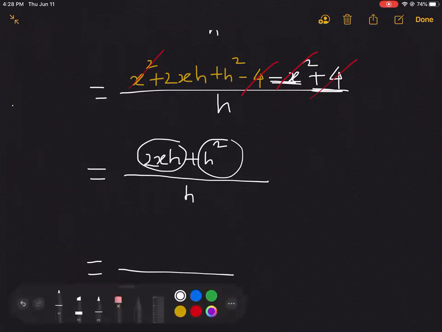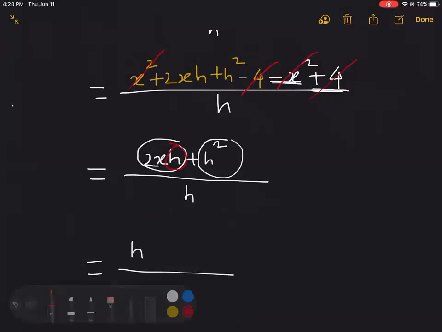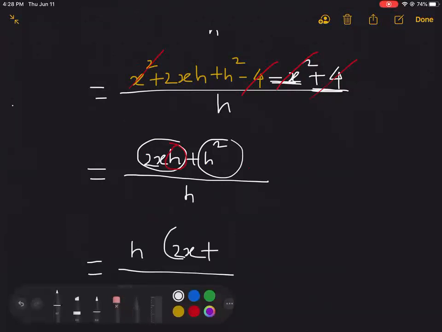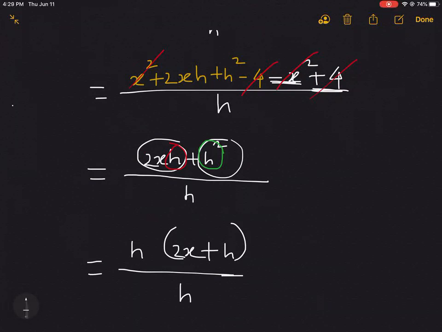Let me take 1h out of the first term. If I take out this h, I'll still have a 2x, plus I factored out h from this, I'll still have 1h. So that's my 2x plus h. Any question after this? How did I get that?